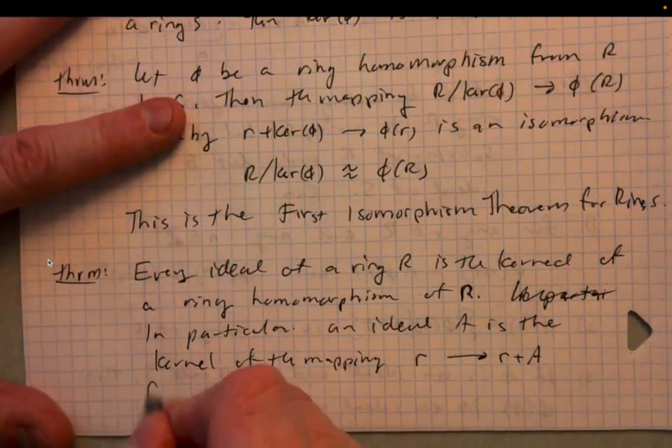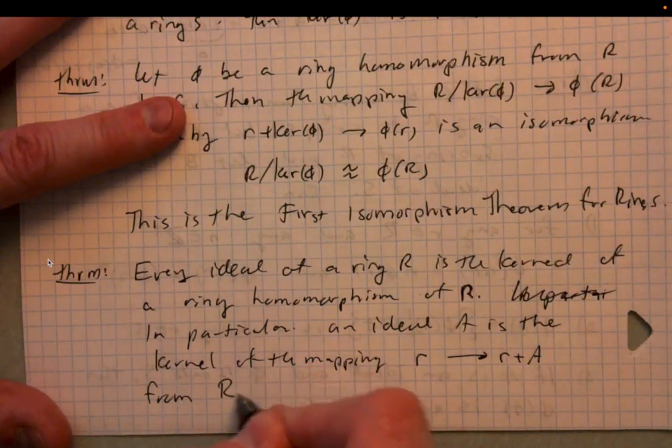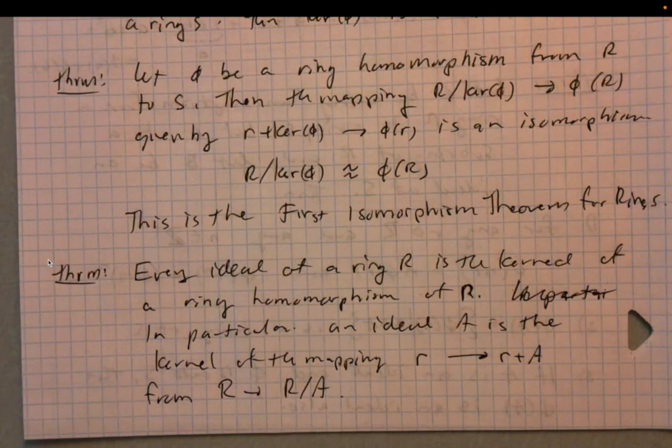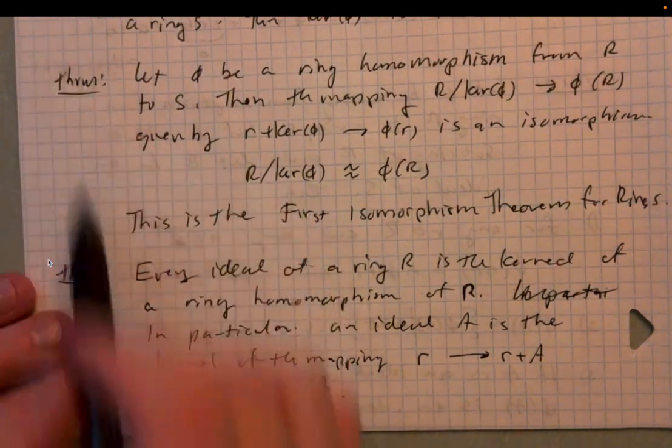And of course this is a mapping from R to R mod A. Okay, so let's see an example of these. So these three theorems in action here.